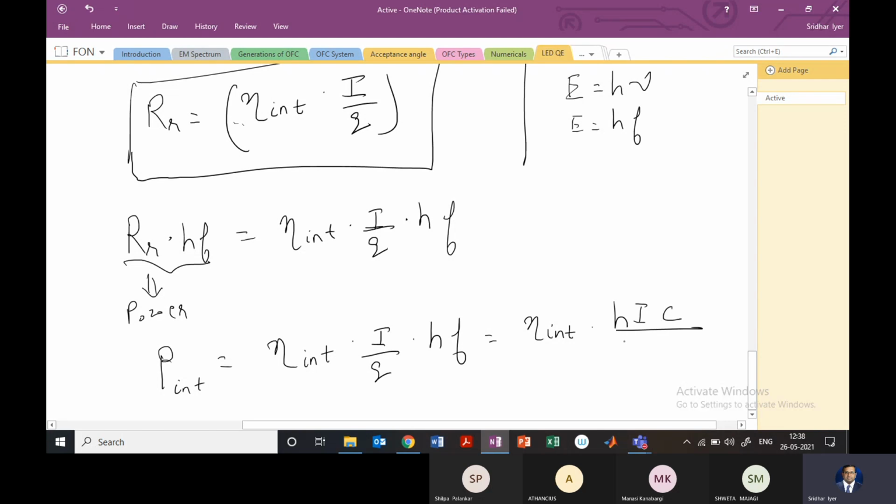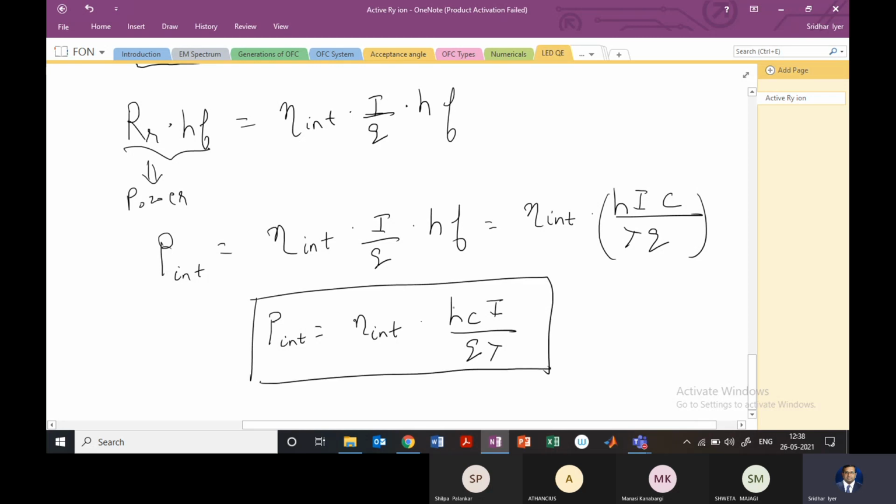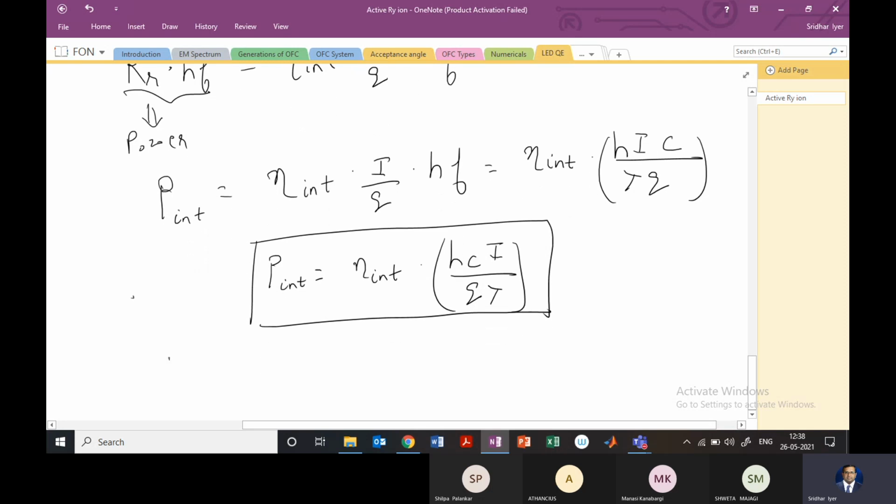So you have hIc divided by lambda into Q. Your final equation for internal power is eta_int, so you will need the internal quantum efficiency to calculate the power, into hcI divided by Q lambda. This is the final equation. The value of h here will be 6.6 into 10 raised to negative 34 joule-seconds, c will be 3 into 10 raised to 8, and Q will be 1.6 into 10 raised to minus 19.